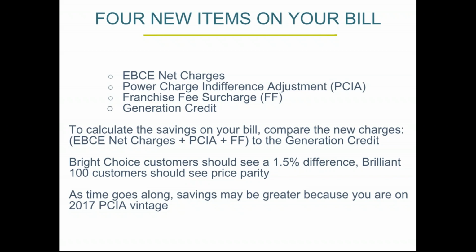Since you're not buying their power anymore, they had contracts for power that they had contracted to serve you and other customers, and if they sell the power in those contracts at a loss, then they collect that from CCA customers. There's also the franchise fee, which you've always paid. It goes to cities for use of their right-of-way.